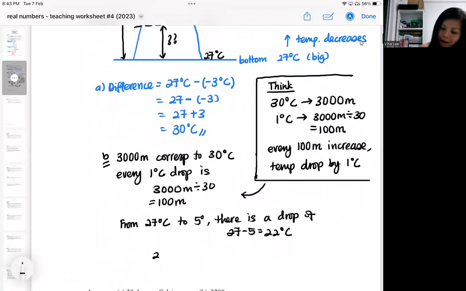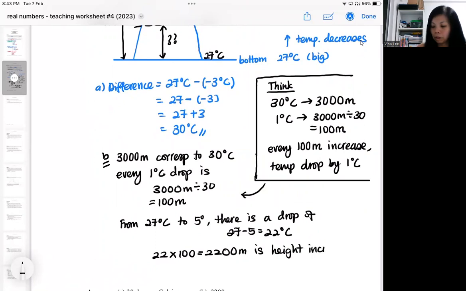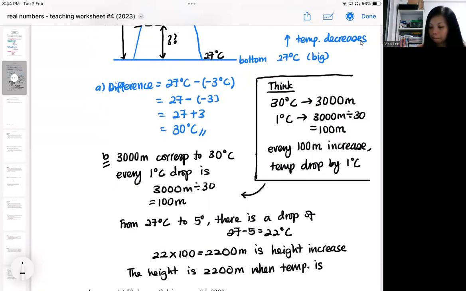That means the height increase will be 2200 meter. So it increased from the bottom by 2200. So the height is this when the temperature... okay.